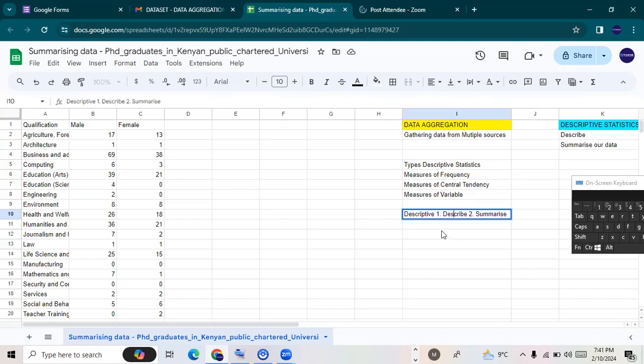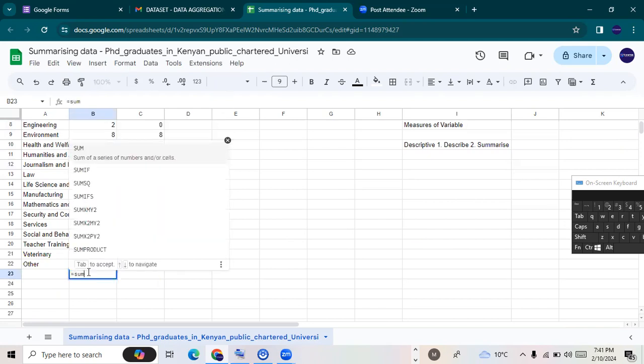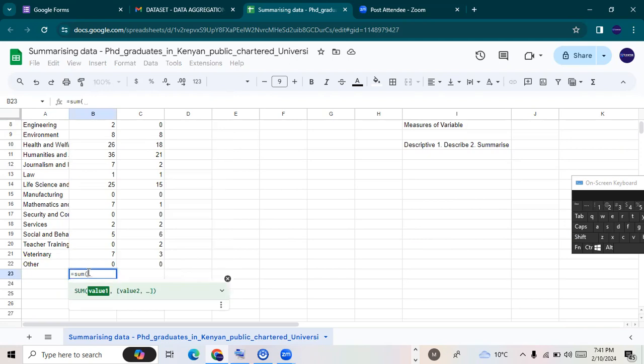To summarize or describe your data, we have something to talk about here called uni. Let me first use these columns, for example, before I bring in that technical term. To summarize this data, we can use the male column only. Maybe I want to find the total number of males here, so I can use the sum function.